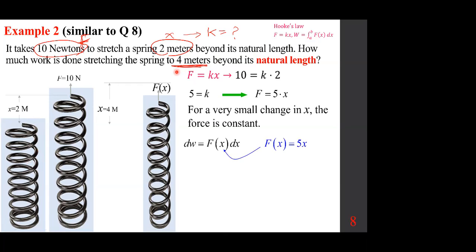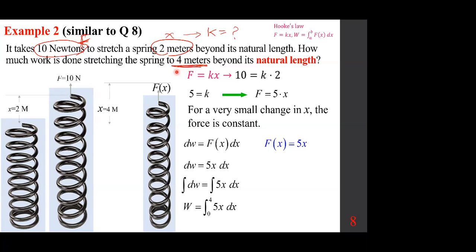This requires the integral simply because the force is not constant. Class, why is the force not constant? Think about it. You have a spring, and the way you stretch it, okay? When you start stretching, maybe you need a little bit of force.